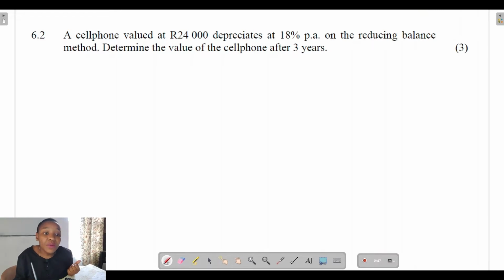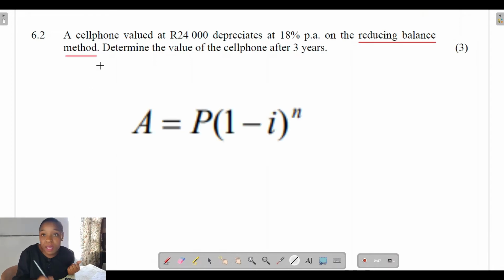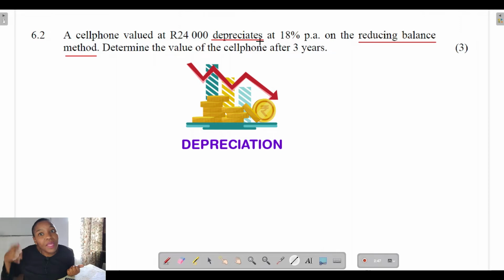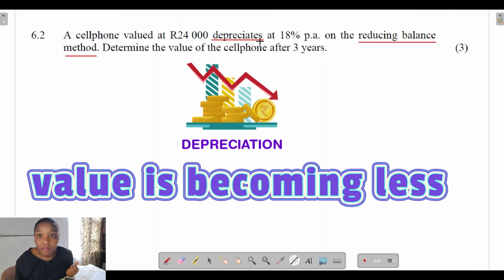The first thing we need to be aware of is that we are going to be using the reducing balance method. And the second thing is that we are working with depreciation, so something is depreciating in value.